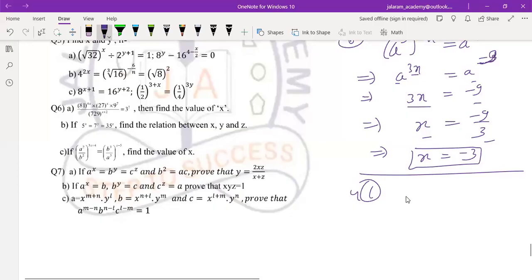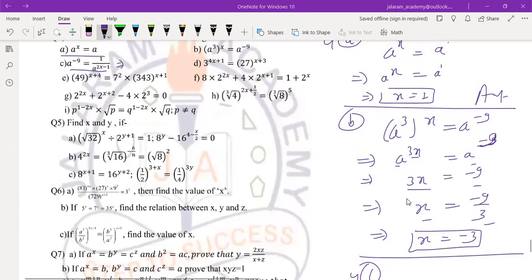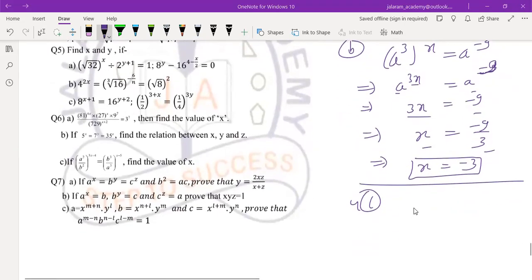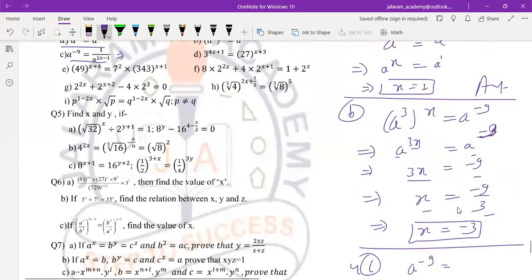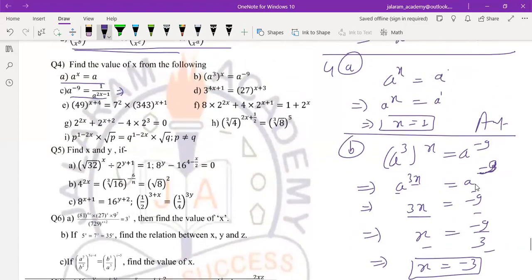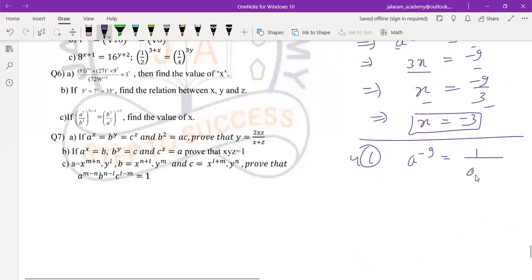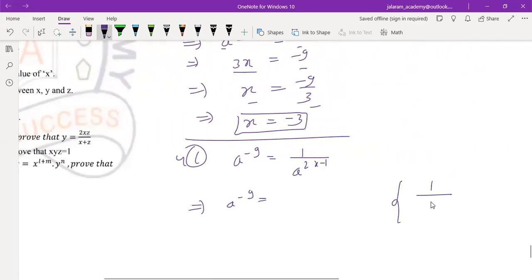a^(−9) is equal to 1 upon a^(2x − 1). And we know that 1 upon x^n is x^(−n).